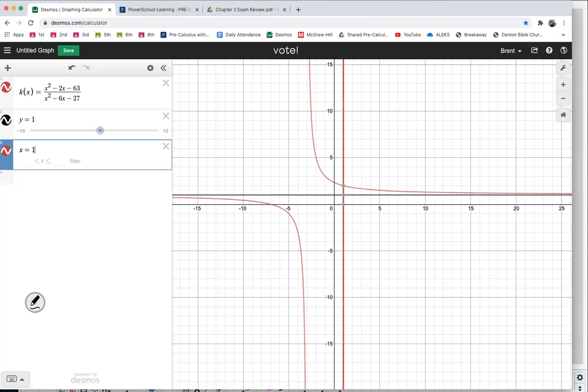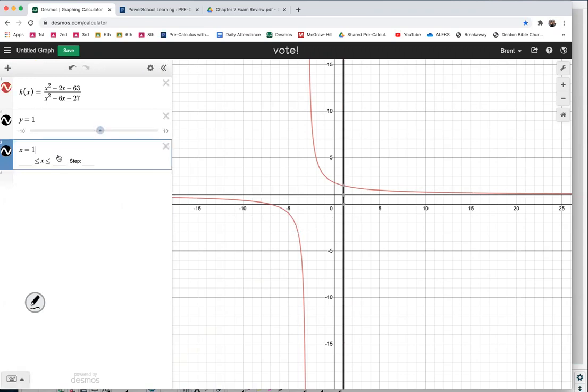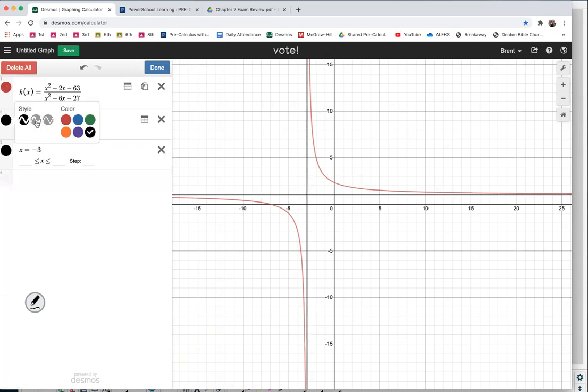Asymptotes can go on x and y or just on x? They can go both ways. They can intersect either. So I have these two on here. I want to make these lines dotted so we can see clearly where I'm talking about. You see how those asymptotes divide up the graph?